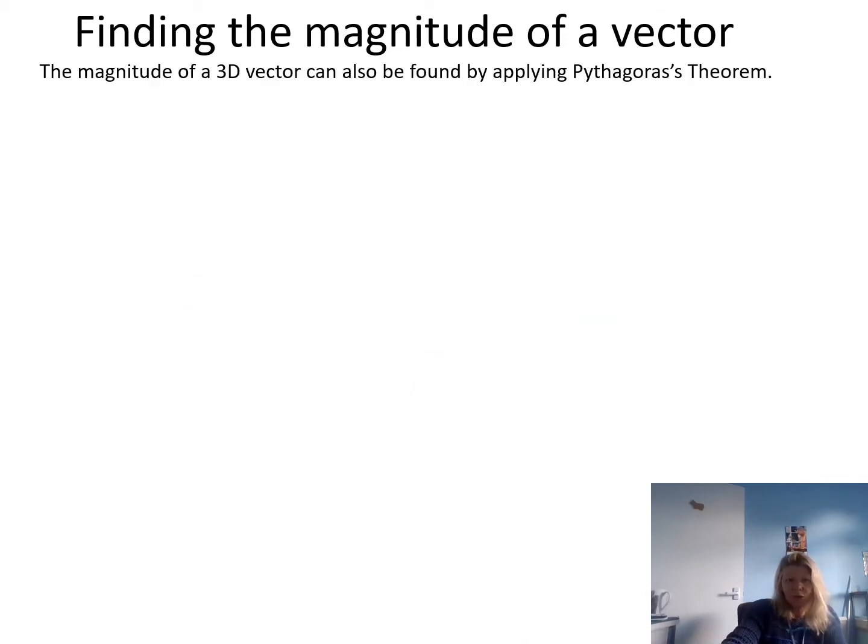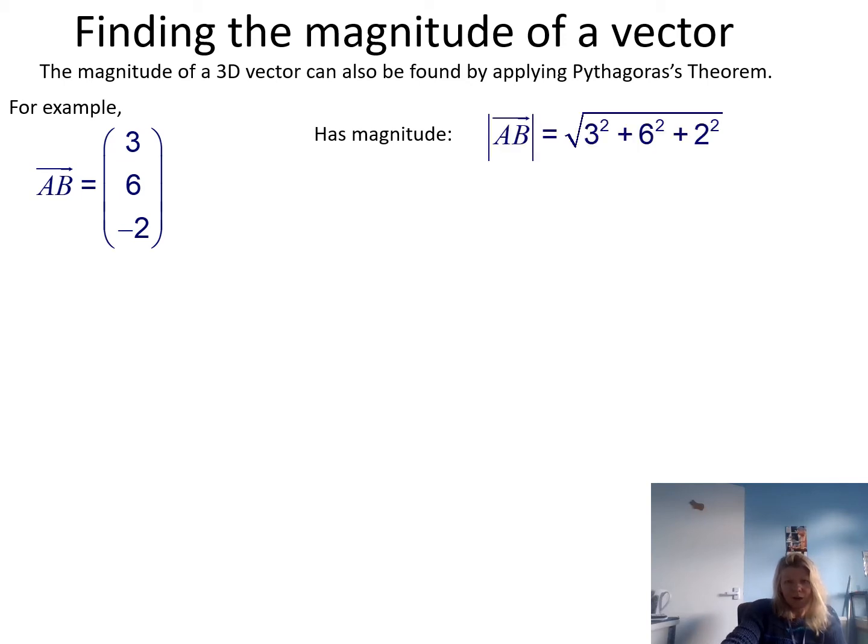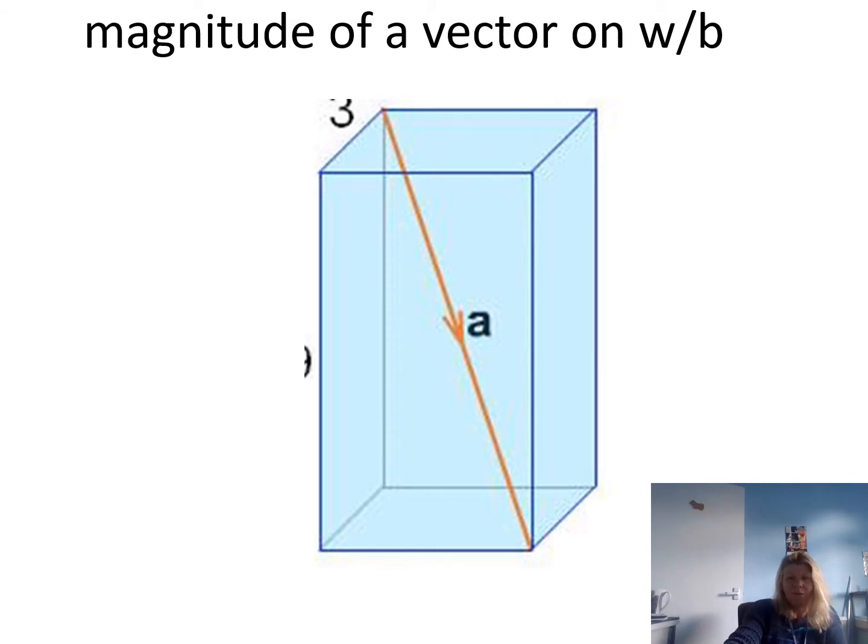3D magnitude can also be found using Pythagoras' theorem. For example, find the length of this one, which has magnitude, that, square and square root. Let's think about that first. We had the numbers, remember them, 3, 2, and why are we using Pythagoras?